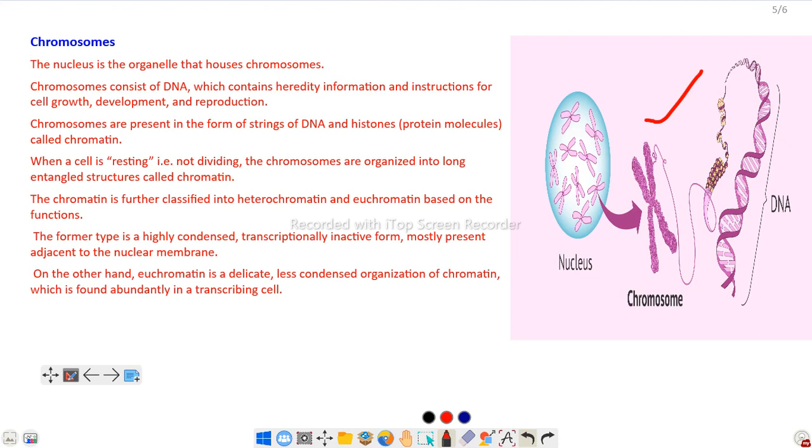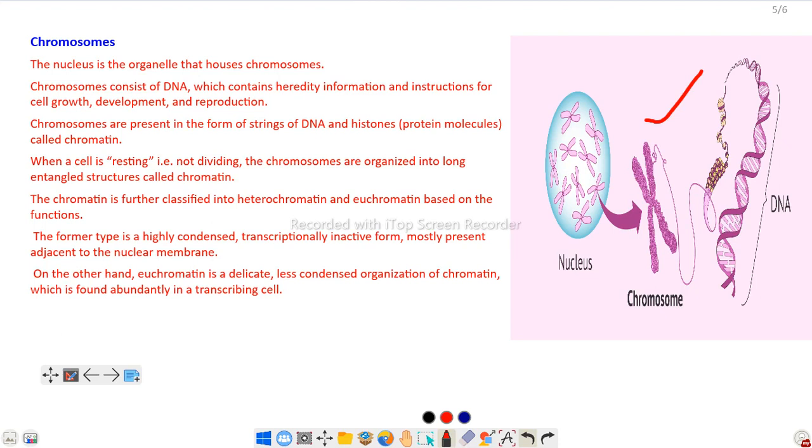Chromosomes are present in the form of strings of DNA and histones. For the presence of histone with the DNA, it acts as the genetic material. So a string of DNA and histone is called chromatin.